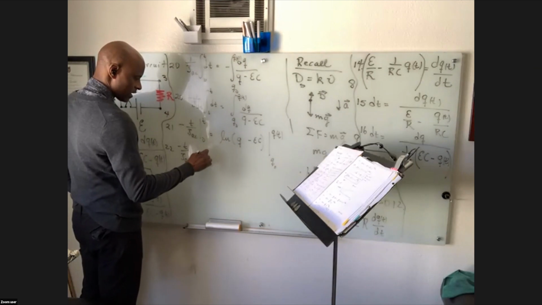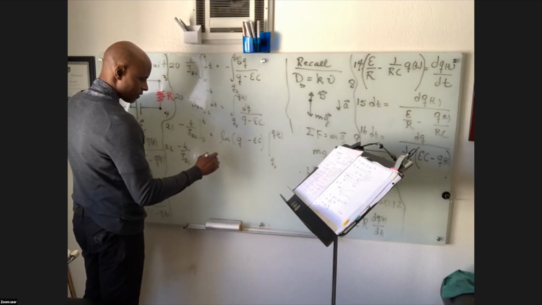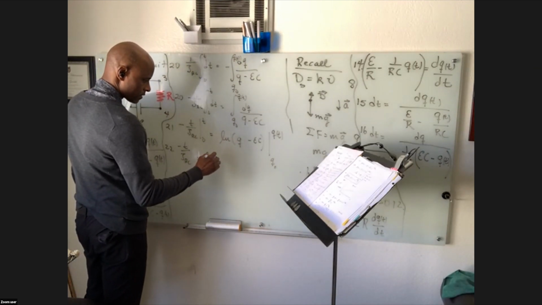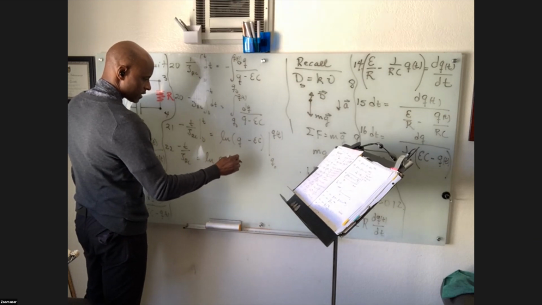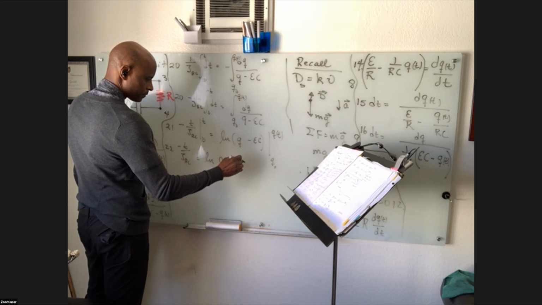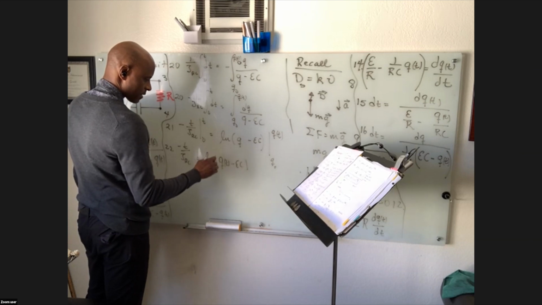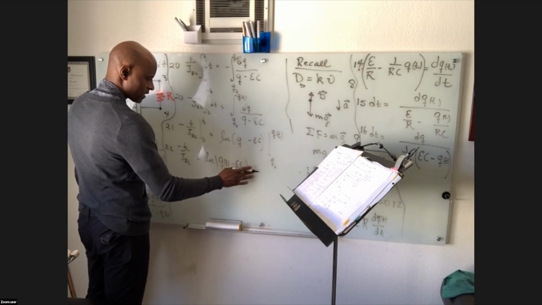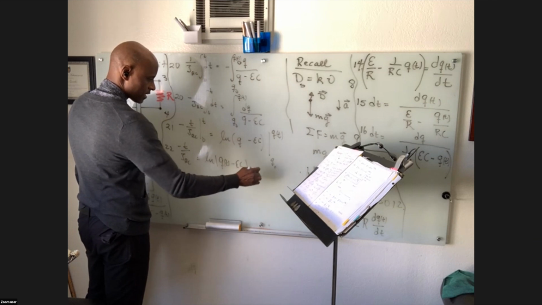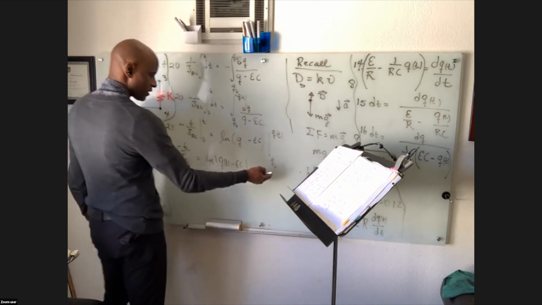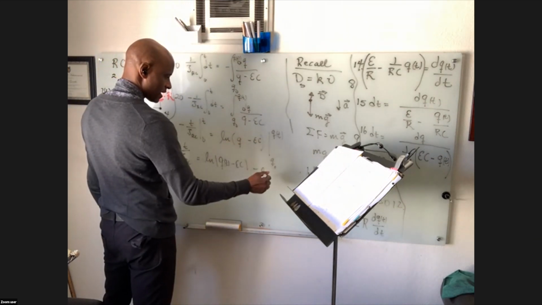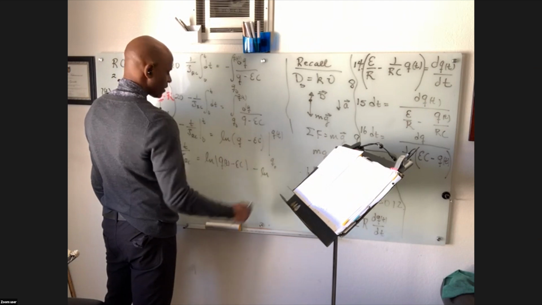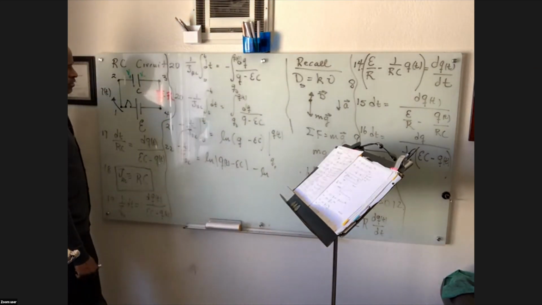So I'm going to have ln of q of t minus EC, I guess maybe I should have absolute values there, and then minus ln, and I put the constant in, and that is, wait a minute, is it Q naught? What am I saying? No, Q naught is equal to 0. My bad, that's what's happening.